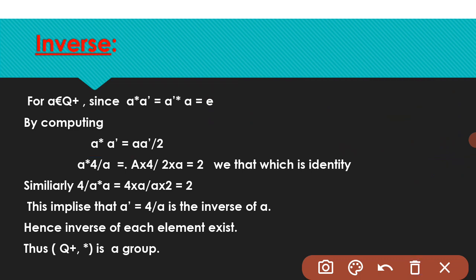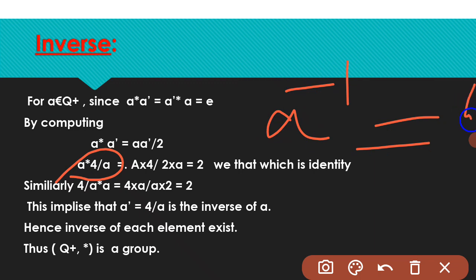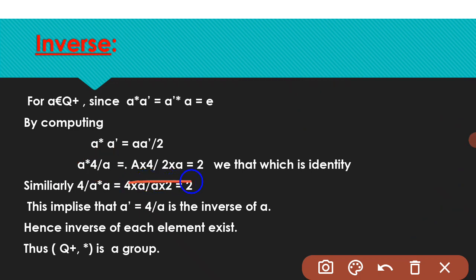So we think that A inverse should be such that when we operate it with A, it gives us 2. So A inverse is equal to 4 by A. Why 4 by A? Let's compute.